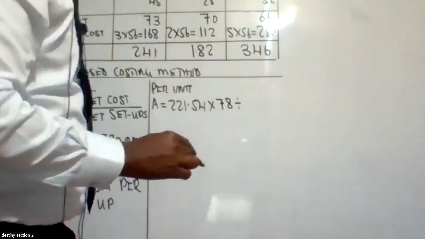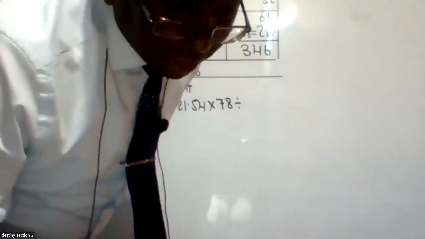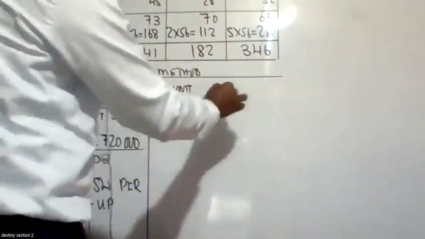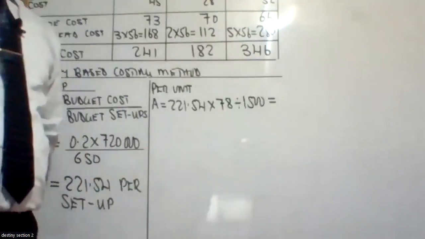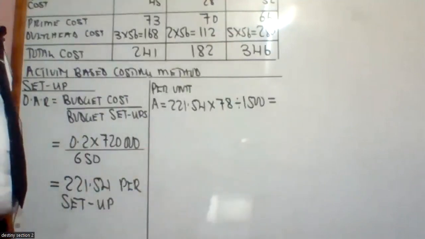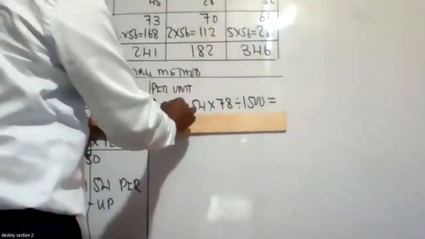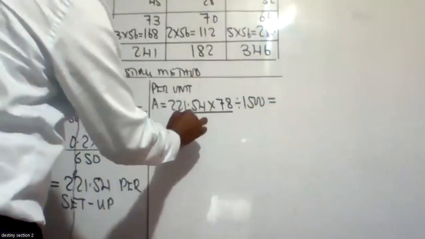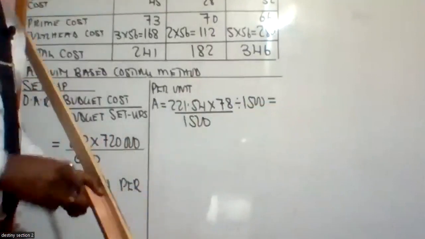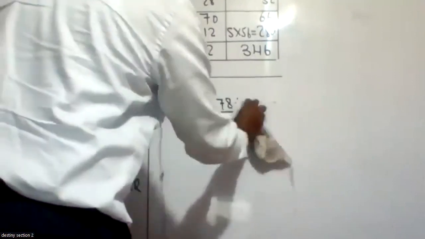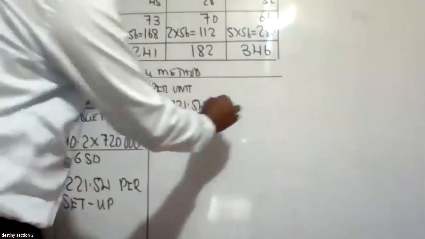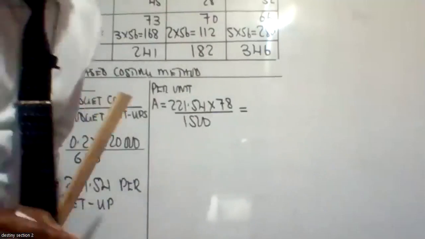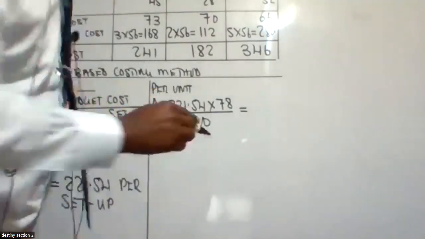The number of units that are there are 1,500. Or I divide down here so that the line fits well without wasting space. Give me the answer there. 11.52. Good.